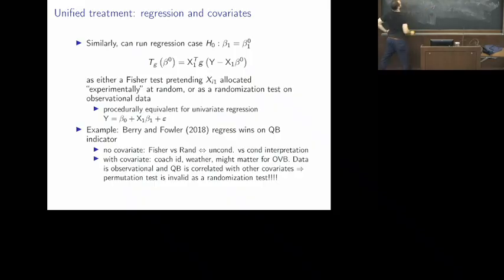You think that the QB is as if randomly assigned, and they really want to run this as a conditional procedure for conditional validity. Their test statistic is a little bit different, but they're essentially running this. Okay.